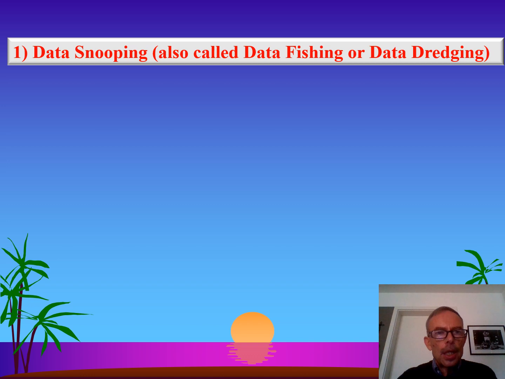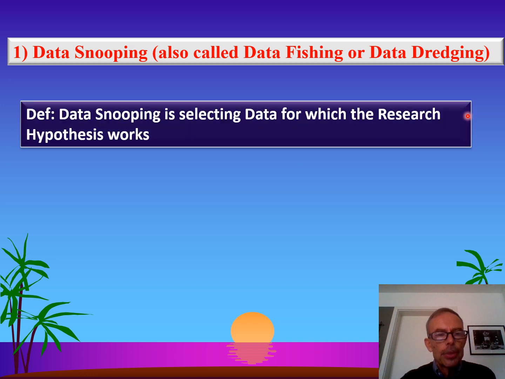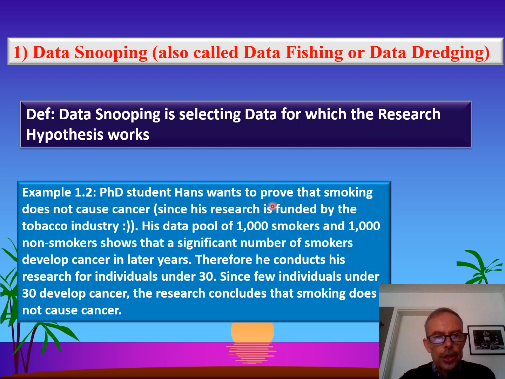Let's talk about data snooping, also called data fishing or data dredging. First of all, a definition. Data snooping is selecting data for which the research hypothesis works. Here's an example. We have PhD student Hans, who wants to prove that smoking does not cause cancer, since his research is funded by the tobacco industry.